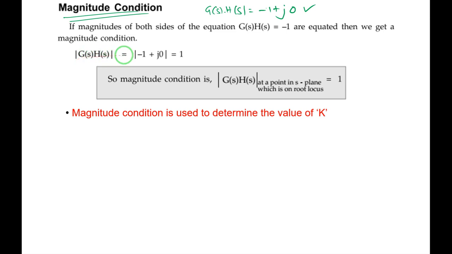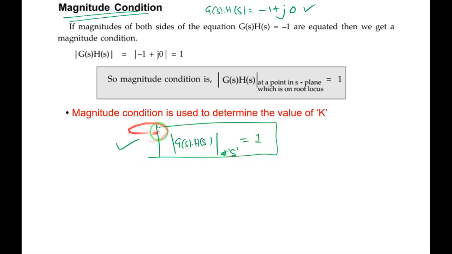Magnitude of g of s into h of s equal to magnitude of -1 plus j0, which is under root of x square plus y square, so under root of (-1) whole square plus 0. So I am getting 1. So this is the magnitude condition. So the magnitude of g of s into h of s at any point s which is on the root locus is equal to 1.